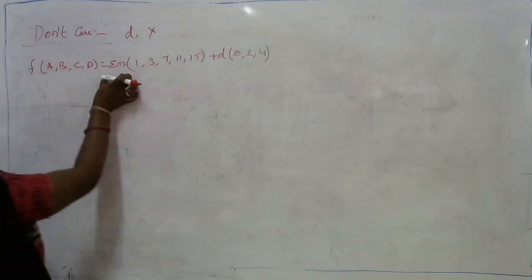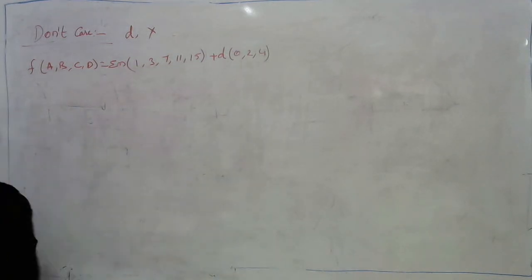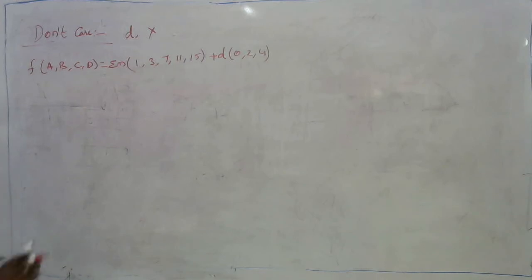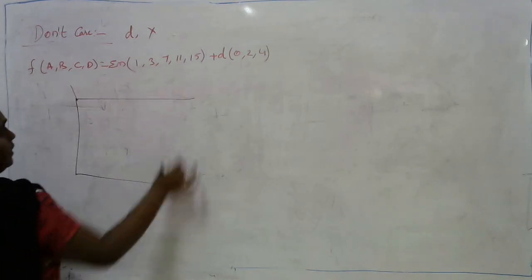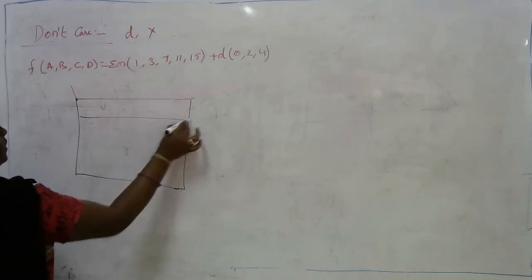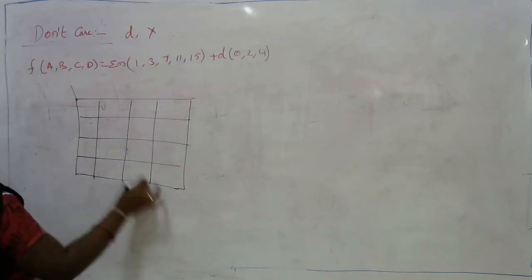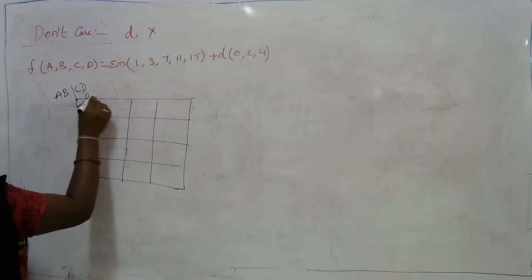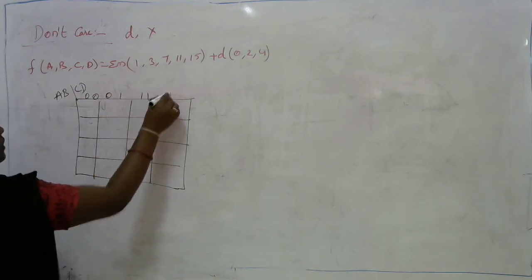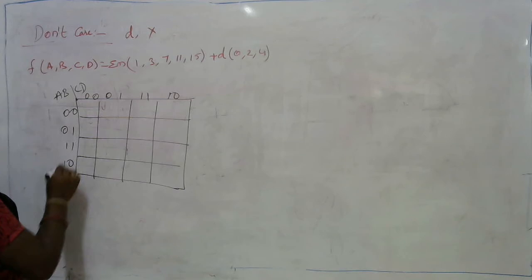Here sigma m represents the min terms and d represents the don't cares. So the first step is the same as the previous one. First we need to draw the K-map. As they have given it as a 4 variable function, we need to draw the 4 variable K-map. So the variables are A, B, C and D, and the corresponding equivalent combinations.